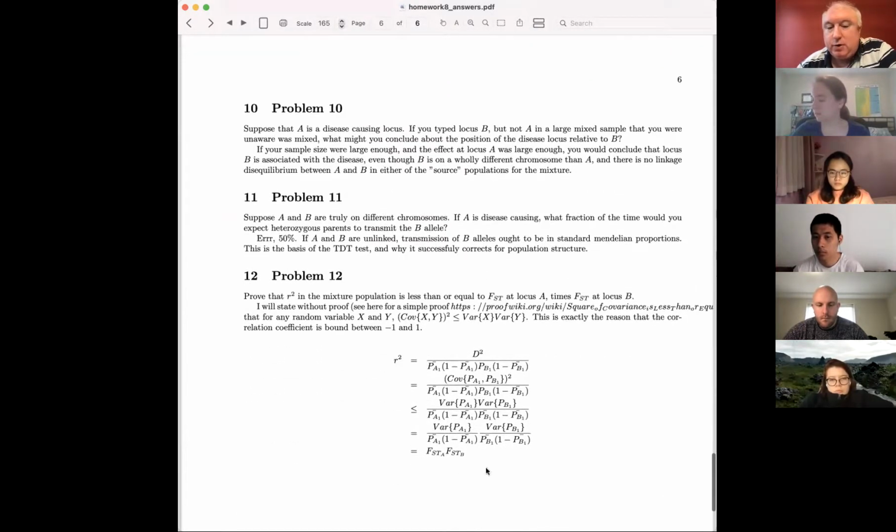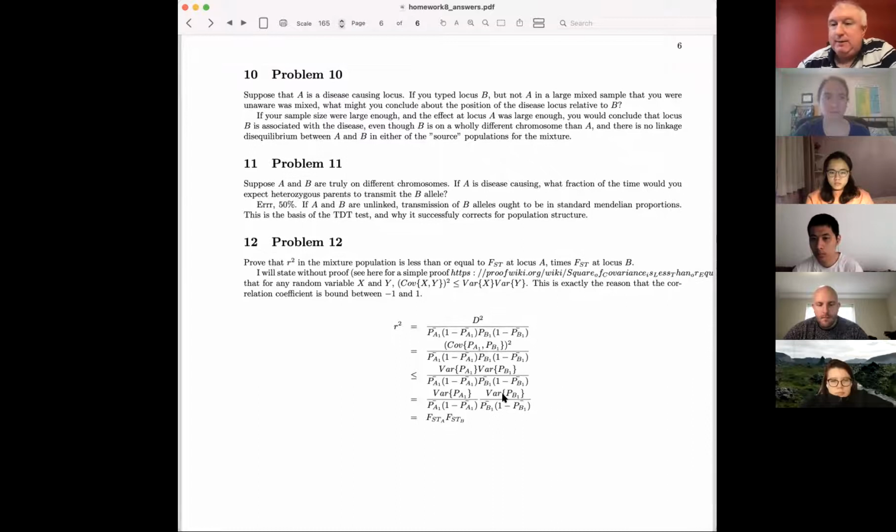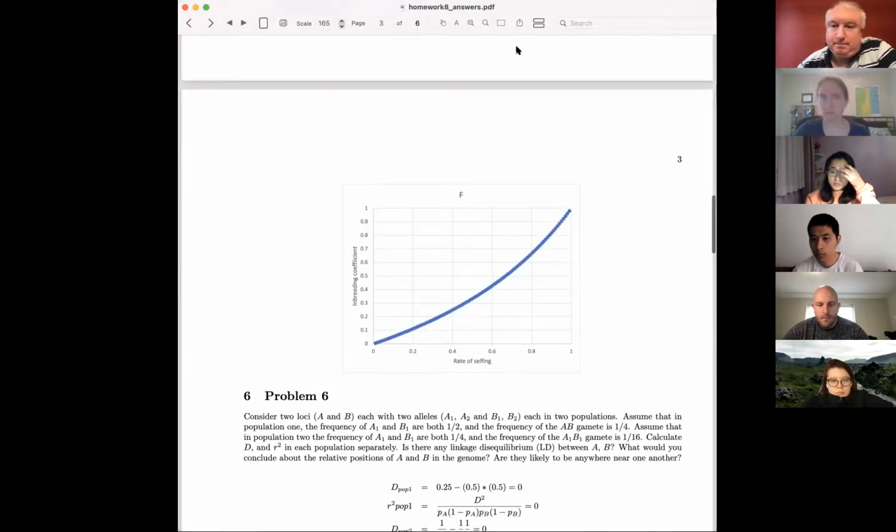And anyway, you'll go through and do all these calculations, and then you'll actually prove that the covariance or the correlations between these unlinked markers is proportional to the amount of variance in allele frequency due to the mixtures. Not shocking once you start thinking about it, but you'll prove all that. But that's where we're going with it.